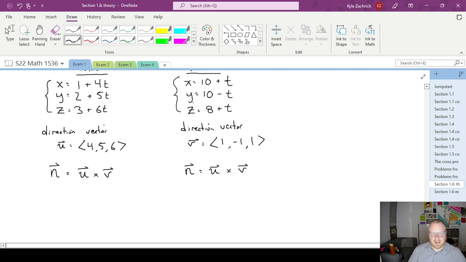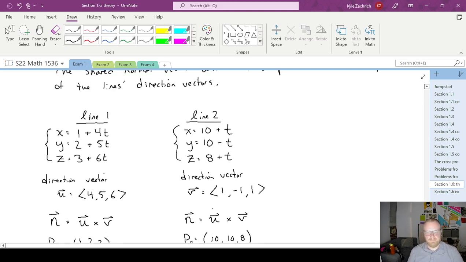If I want a point on the plane, the point on the plane is going to be 1, 2, 3 for this one. Point on the plane for this one's going to be 10, 10, 8.